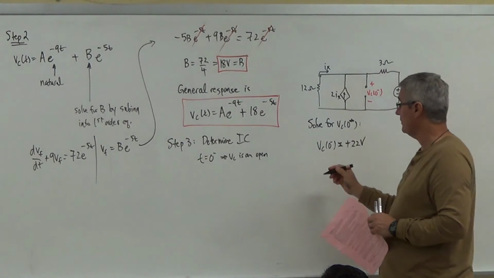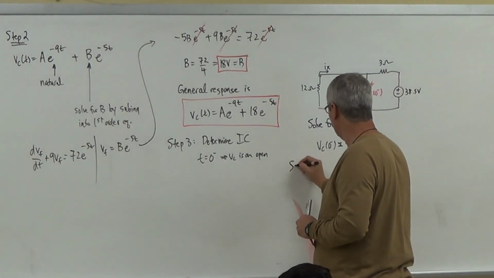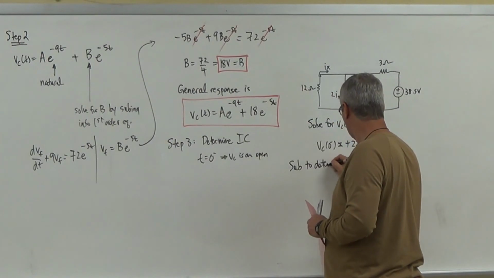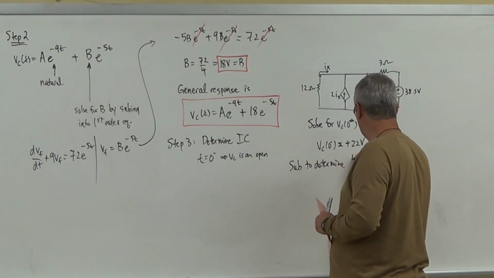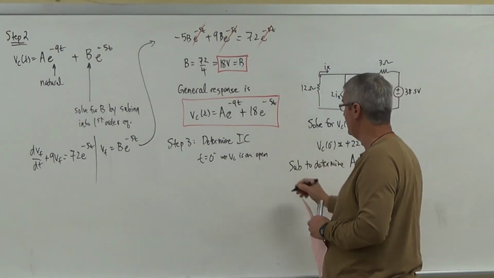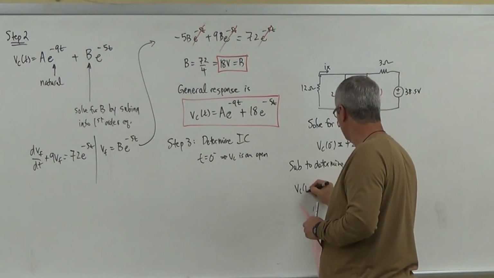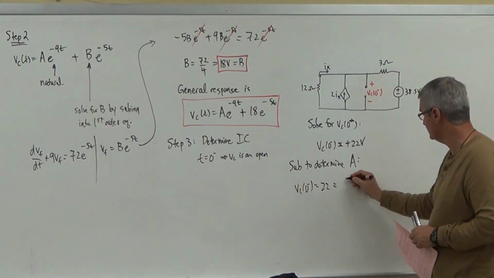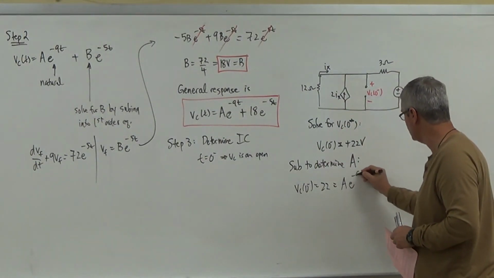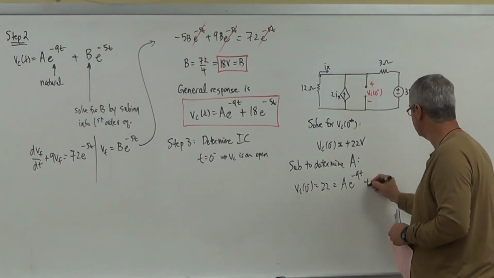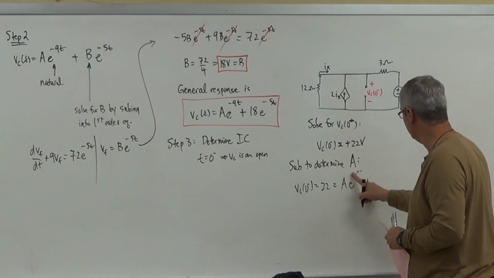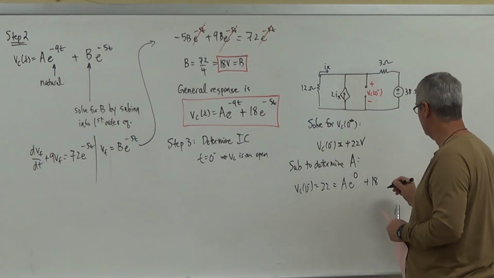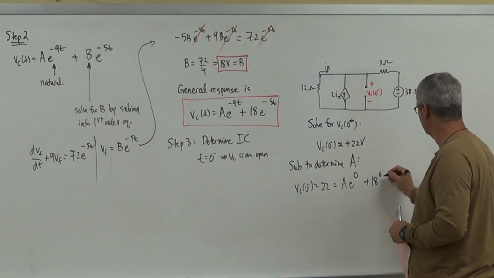So then what I'm going to do is sub to determine A. If I take my equation, I'm going to write Vc of 0 minus is 22. That equals A e to the minus 9t, no, it's got to be 0, plus 18 equals e to the 0.